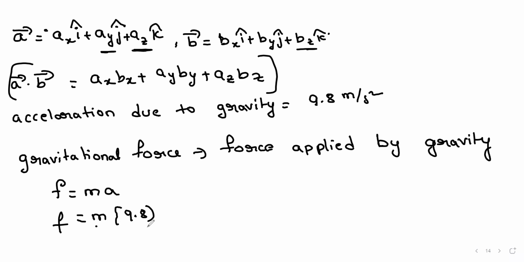The force applied by gravity on our body is mass of our body into acceleration due to gravity, which is mg. This is weight. So the weight of our body is nothing but mass of our body into acceleration due to gravity.